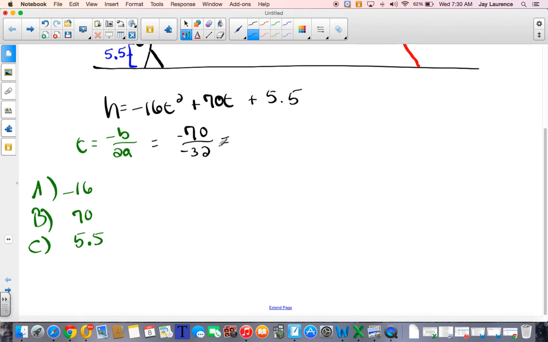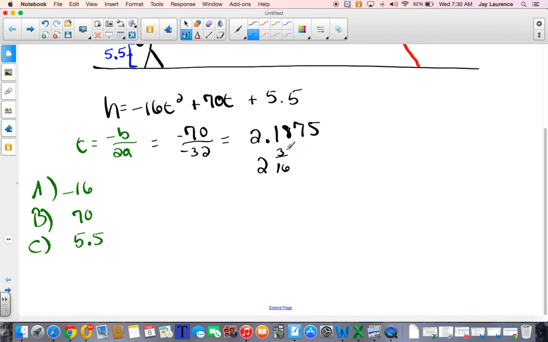When we get that, it'll come out to be 2.1875. Now, if you want to convert that to a fraction, it's really easy. Just subtract the 2 off your whole number and hit your math frac button, and you're going to see that's the same as 2 3/16. That's the time it's going to take.